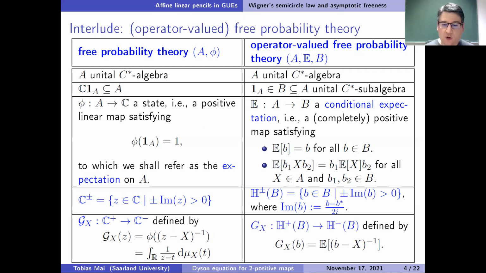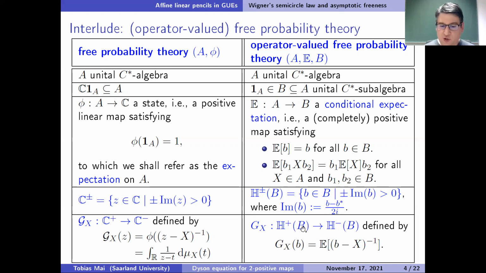And there's also an analog of the Cauchy transforms. And here we do basically the same. We follow the philosophy that the complex numbers are replaced by elements from B. So what we do is we just take the resolvent, the resolvent in B minus X, and then we apply the expectation to it.